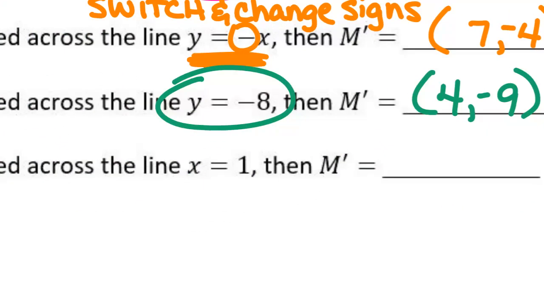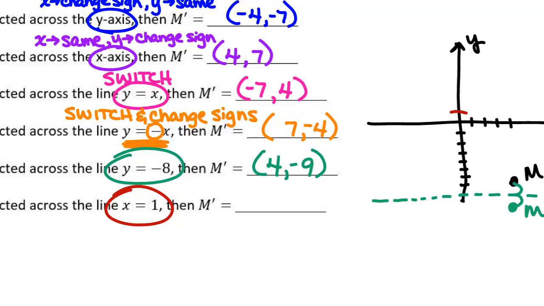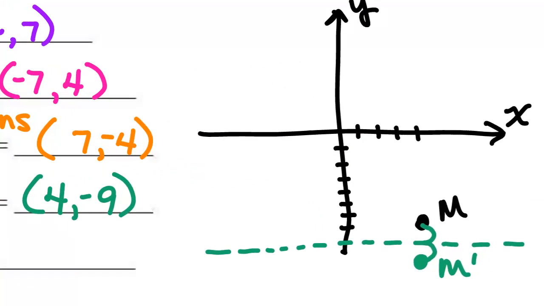And then for the last one here, part F, we're going to reflect over the line x equals 1. This is going to be a vertical line because it touches the x-axis, but not the y-axis. So we're going to reflect over this line right here. How far is point M from that line? How many hops away?